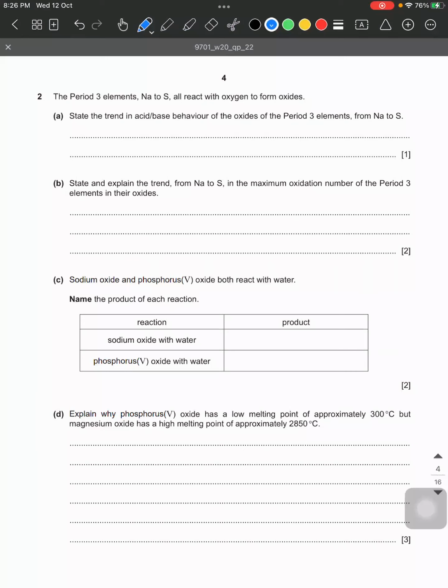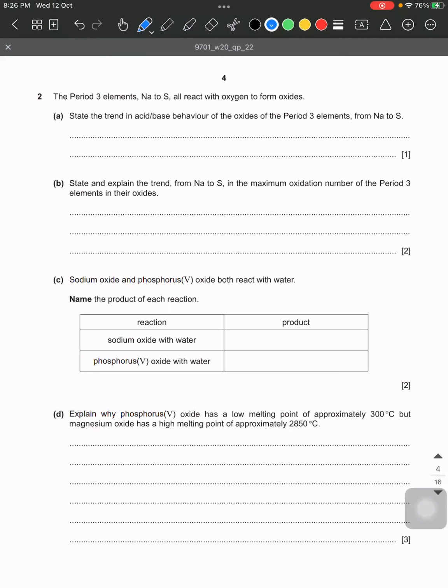So let's move towards question number 2. Question number 2 is saying the period 3 elements from sodium to sulfur all react with oxygen to form oxides. State the trend in acid-base behavior of the oxides of the period 3 elements from sodium to sulfur.